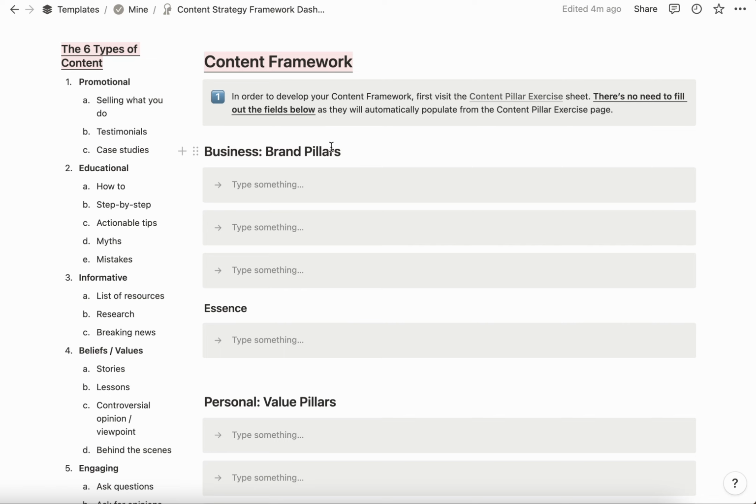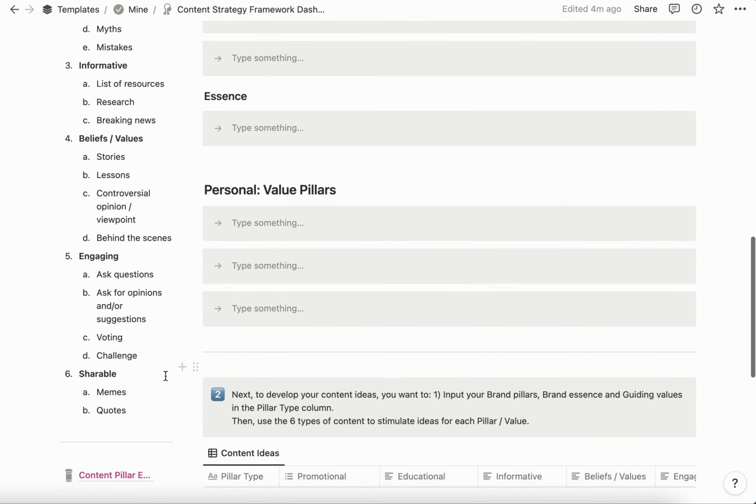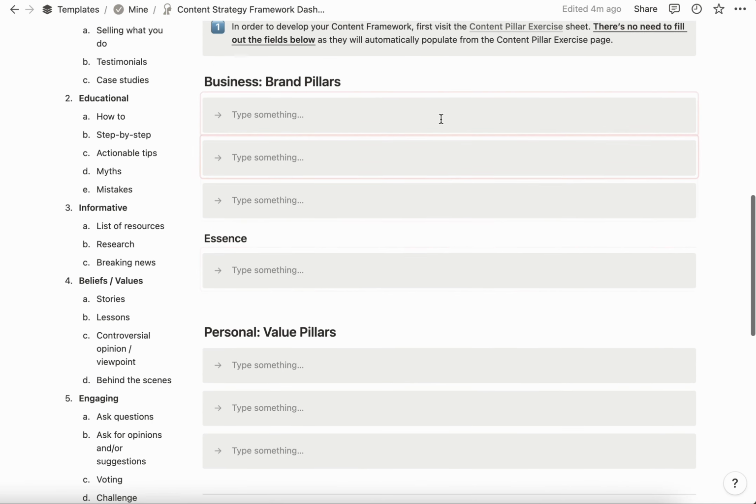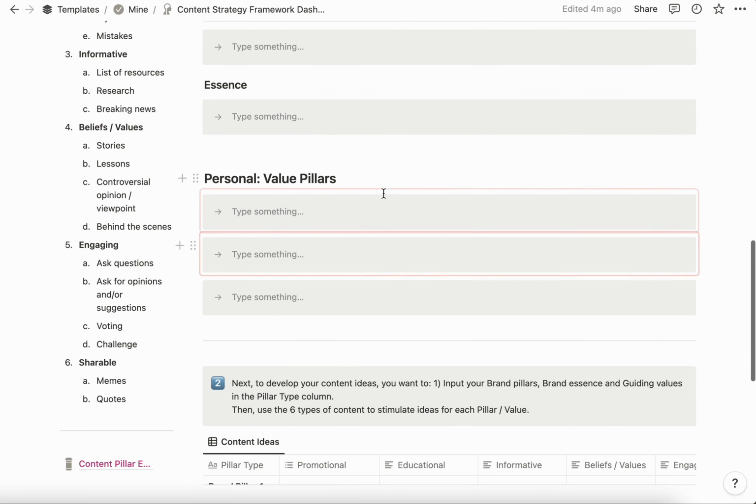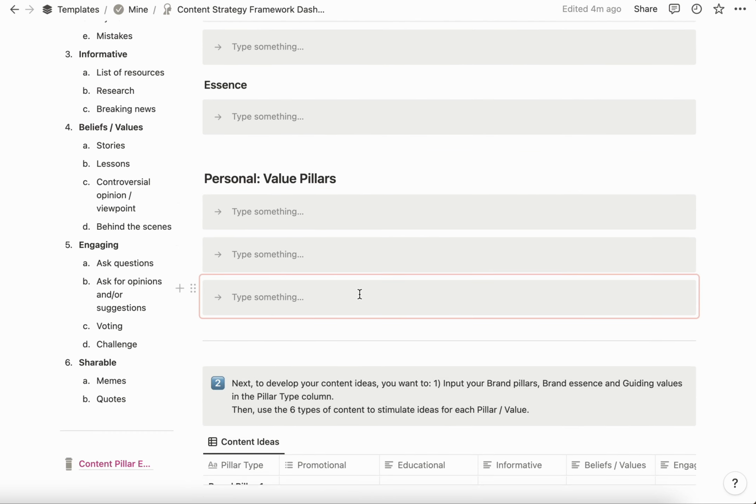So when you put in your brand pillars, those will automatically be mapped here. So you actually don't need to fill in any of this information. It'll automatically be mapped from your content pillar exercise page. Same with your essence and same with your personal value pillars. Okay, so those will automatically populate here.